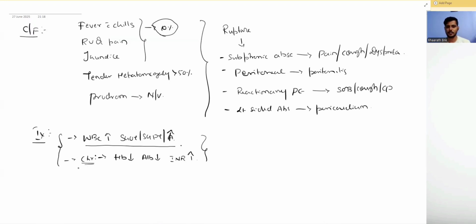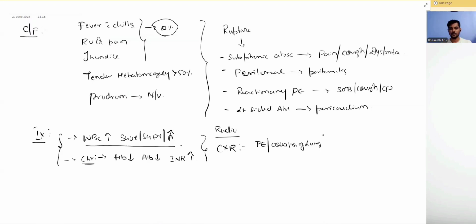And you can also send a blood culture and the pus culture and sensitivity. Now, if you get a radiological investigation, so if you take a chest X-ray, because of the reactionary pleural effusion, there is pleural effusion, and because of this pleural effusion, the lung is collapsed.